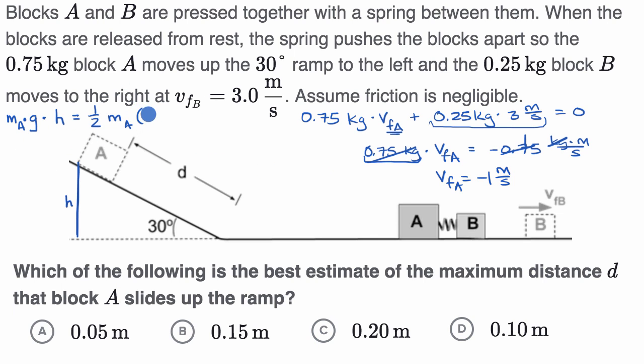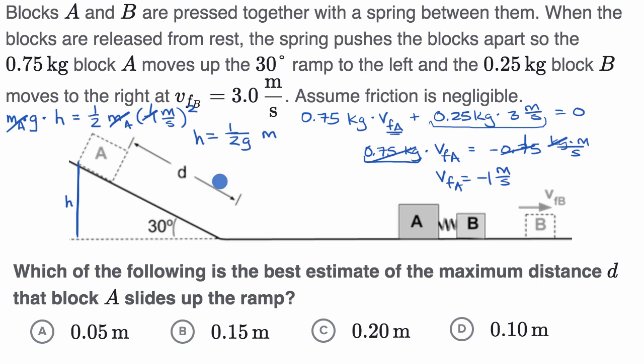The velocity is negative 1 meters per second, and then we're going to square it. Well, we could divide both sides by the mass of A. Negative 1 squared is just going to be a 1. And then we can divide both sides by g, and we see that our height is equal to 1/2 divided by g, in meters.